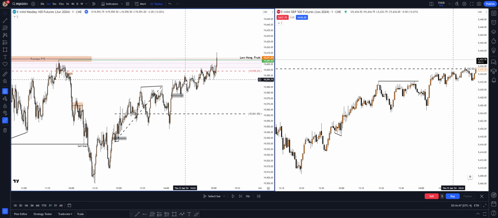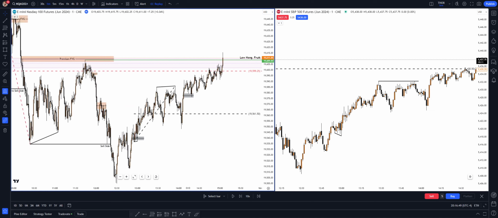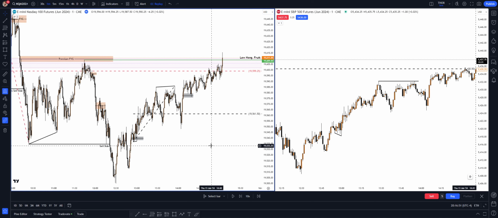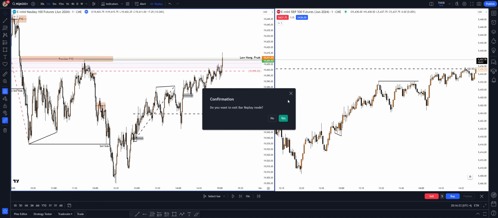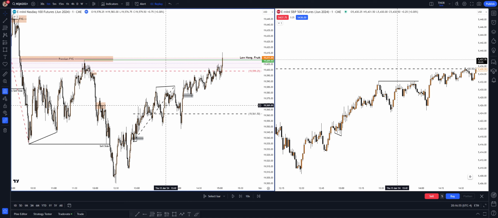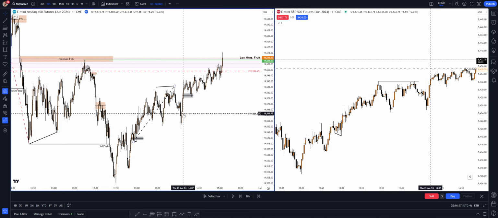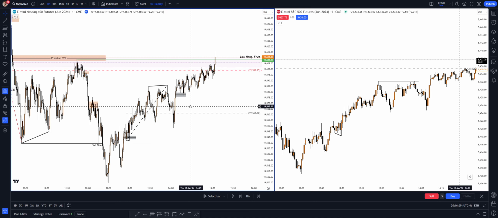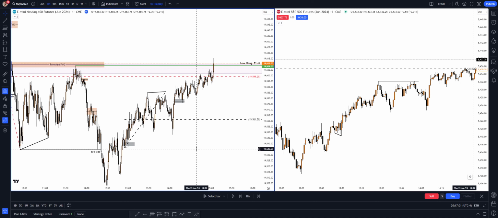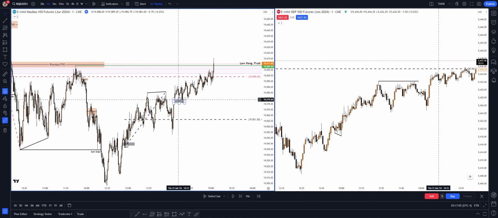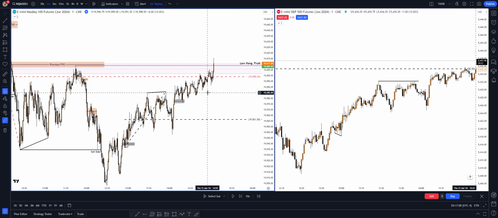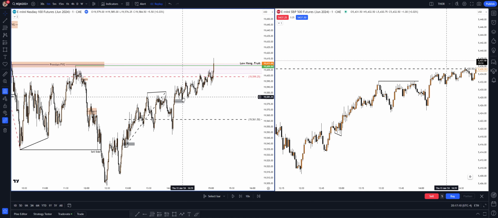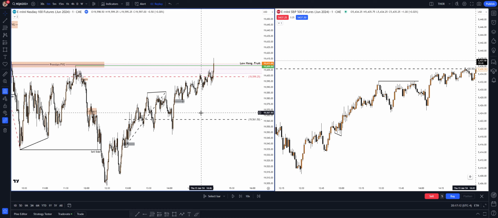I don't know if I could put it any easier than this. Now, that doesn't necessarily mean the market was easy to trade though. The 1 minute price action was a little choppy. I'm not gonna lie, it was a little choppy, but if you know the draw on liquidity, you shouldn't be concerned about any of the down close candles because those down close candles are there to secure your stop loss or your entry.